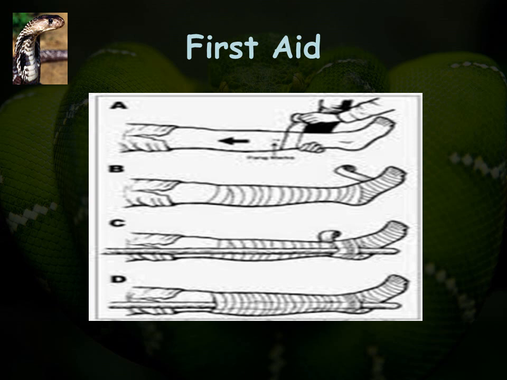Now this is the picture that I was talking about, the first aid, and we can see how the limb is being stabilized or rather immobilized. It is the same way we do when we suspect that a limb is broken.